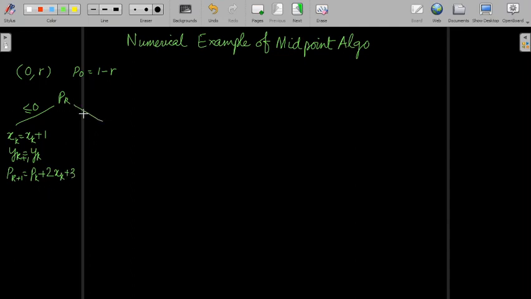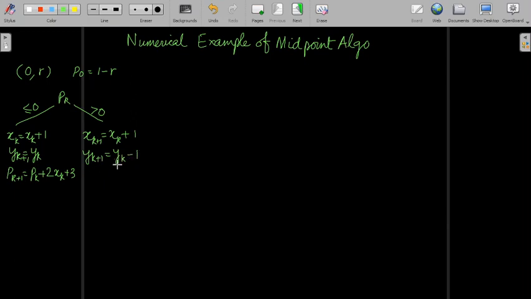And in case the decision parameter comes out to be greater than 0, then we have to increment the value of x, which will be written like this, and the value of y will be decremented, to be written as this.